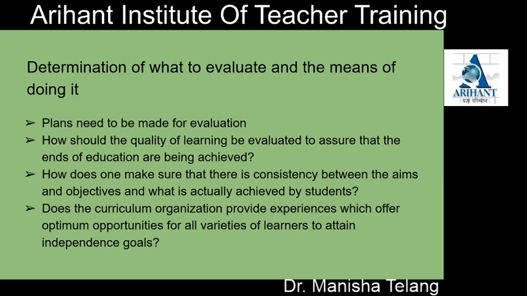The learner outcomes and the tools designed to evaluate them should be in conformity with each other. Curriculum organization provides the experiences which offer the optimum opportunity for all varieties of learners to attain the independence goal.